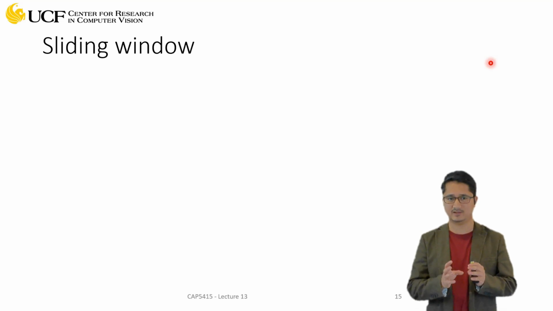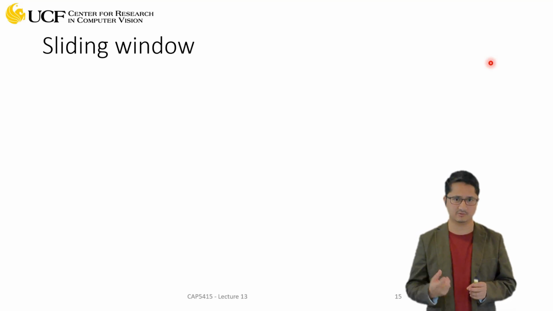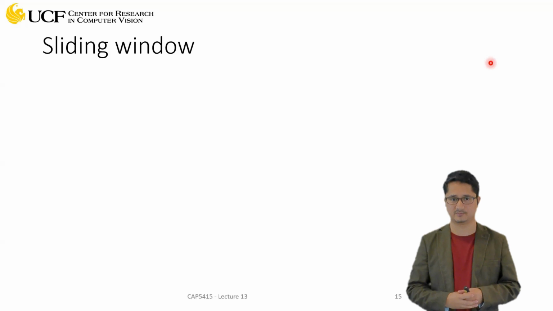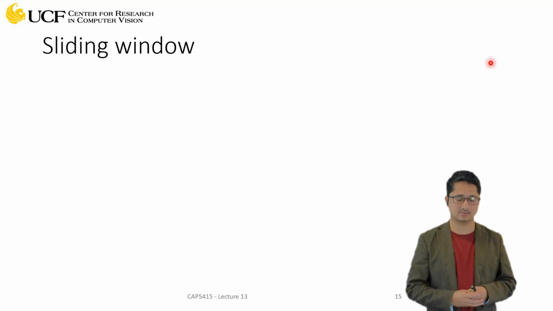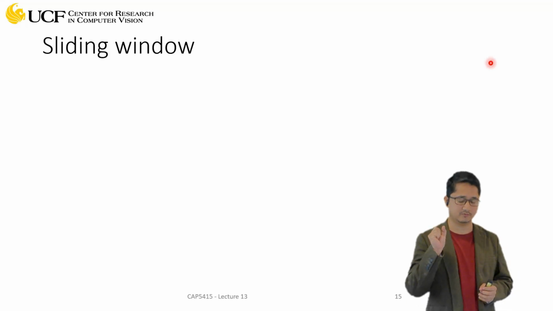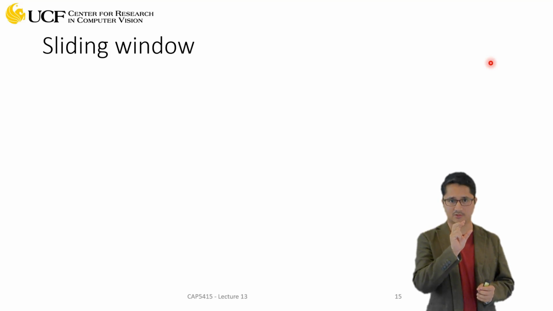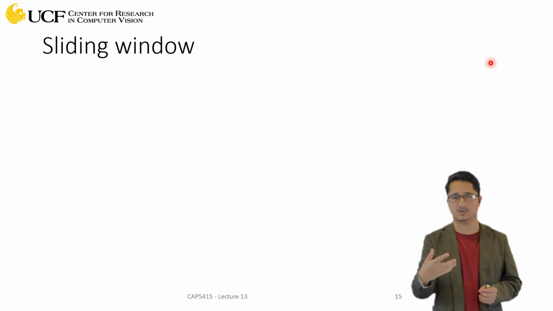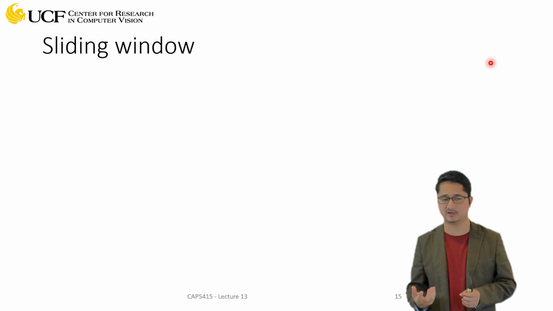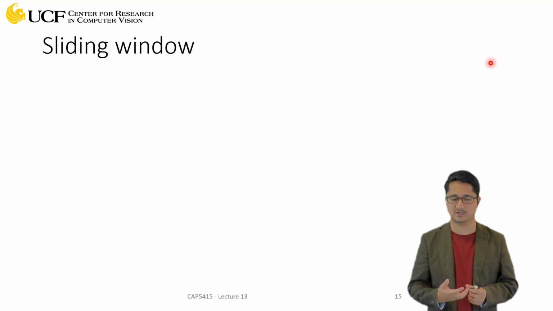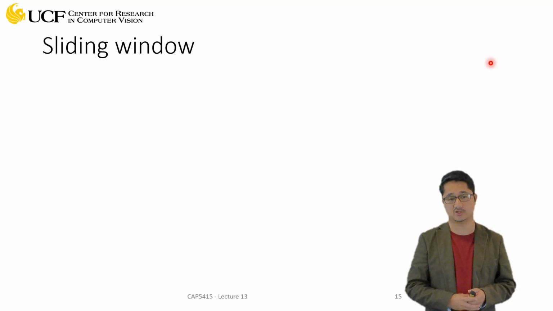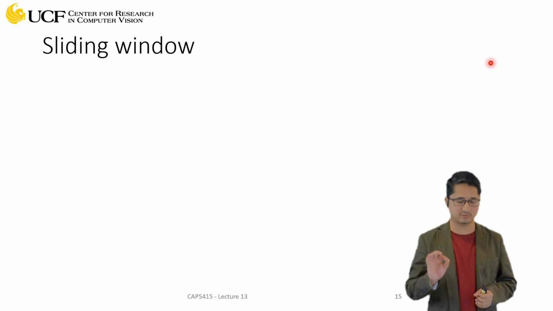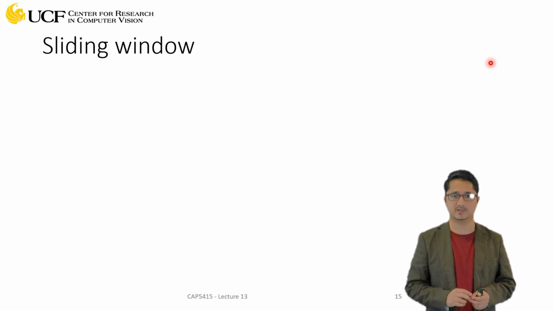Again, sliding window, I would like to emphasize, you will see it everywhere in computer vision. Because the way these algorithms work is you focus on one point at a time, and then you have to focus on all the other points as well, right? A sliding window is a natural algorithm which can be used. So whatever you do, you will see sliding window in a lot of places.